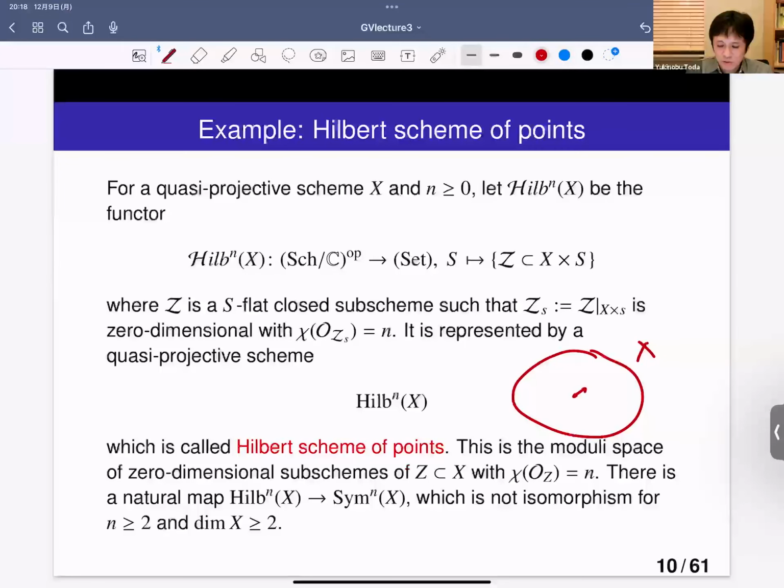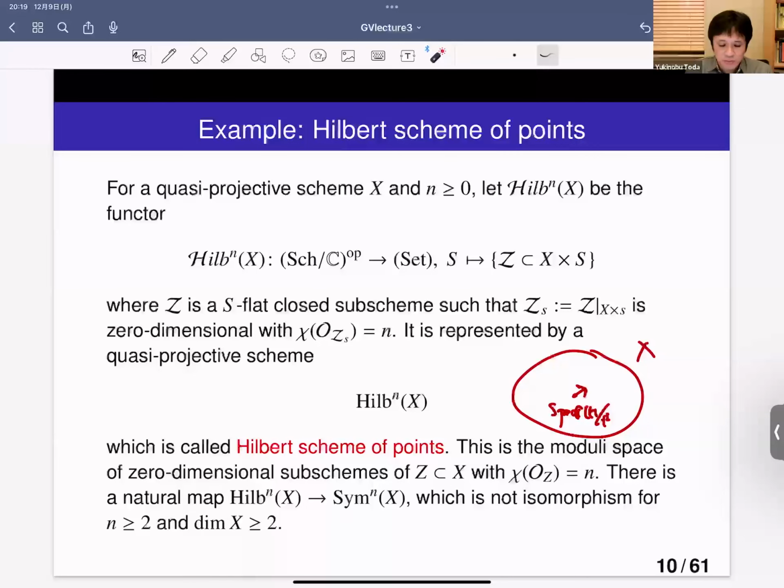For example, like the image of the map from the spectrum of C[t]/(t^2) to X. So this is not only the zero cycle on this X, but there is also the information of the tangent space. And in fact, this is known to be a projective scheme, and this is called the Hilbert scheme of points. So this is the moduli space of zero-dimensional subschemes whose Euler characteristic equals n.